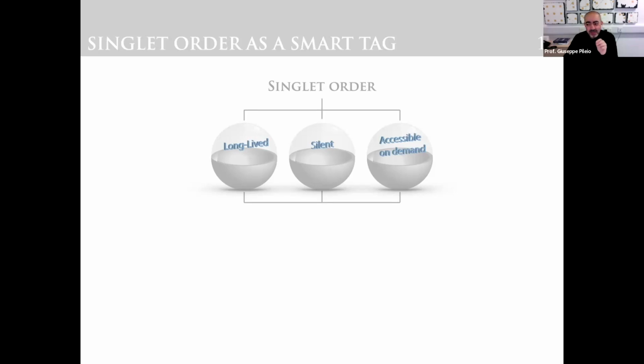But I would like to stress, and for everyone to be aware of, that there are two other important properties of singlet order. One is that it is silent, in the sense that it's not a magnetic state, it's a spin zero state, so it doesn't give an NMR signal on its own. And also, it is accessible on demand. Essentially, we have to transform some form of order into singlet order and vice versa.